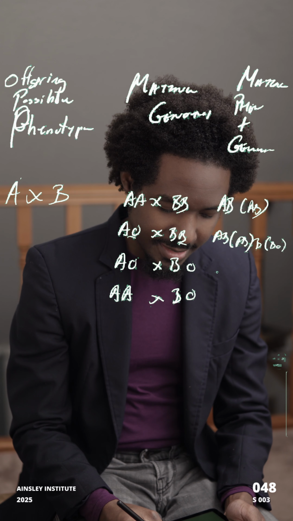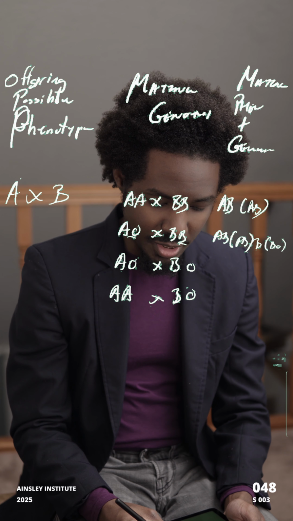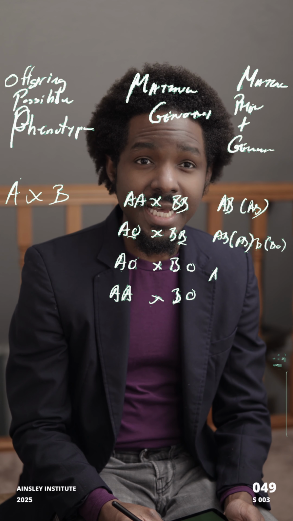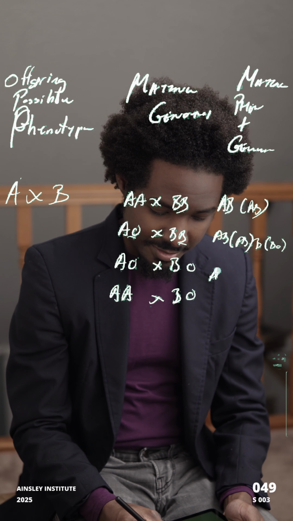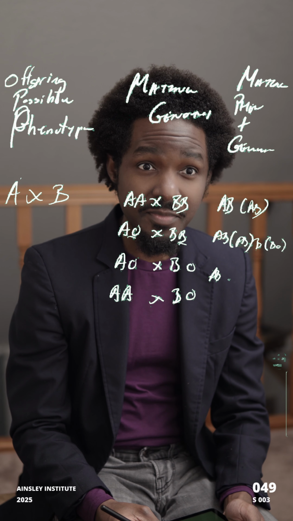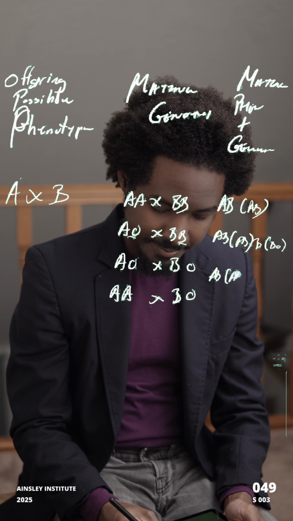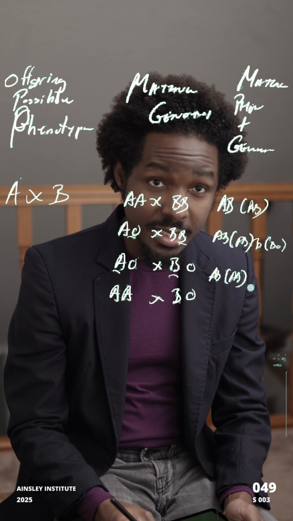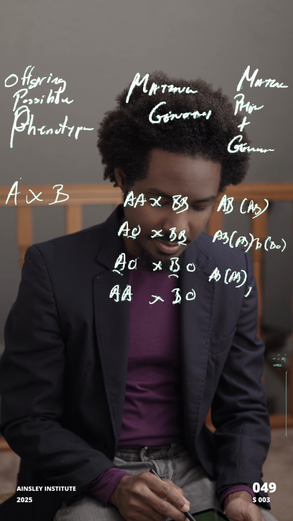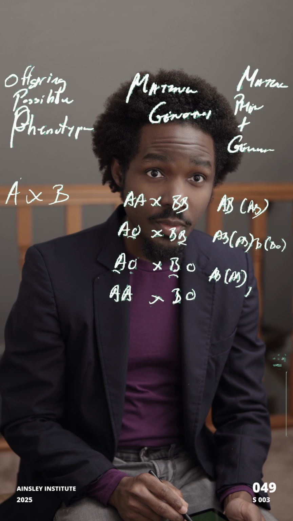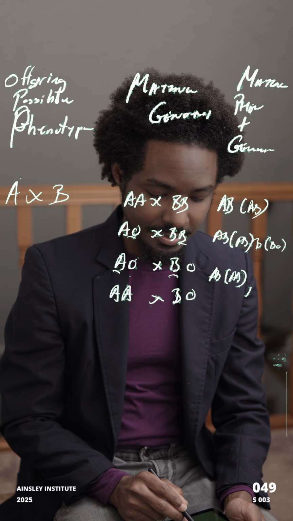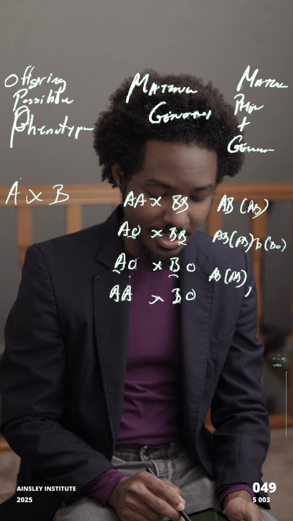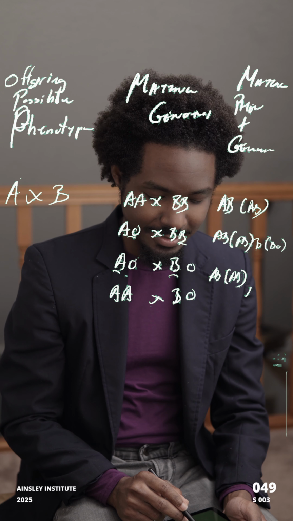All right, then based on this combination, there is a possibility that a child could be AB. Based on the A and the B combination, the child could also be, guess what? This combination gives us something very unique.